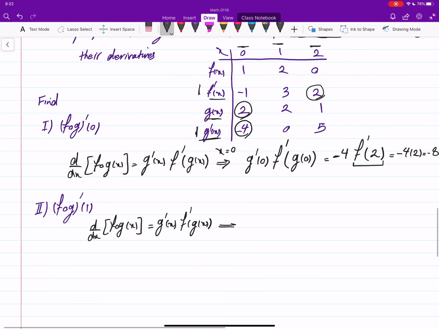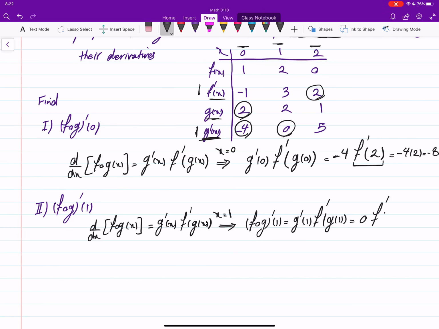So then for this, plug in x equal to 1. So we will get (f∘g)' at 1 is g prime at 1 times f prime at g of 1. Now plug in g prime at 1, which is 0, and then multiply by f prime at g of 1.